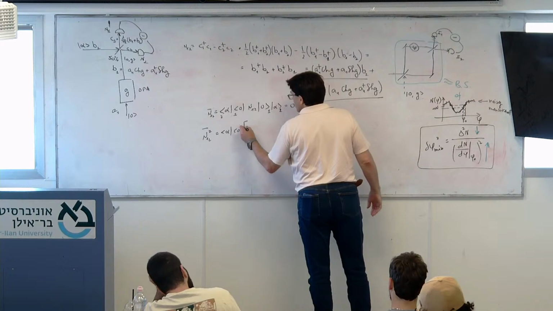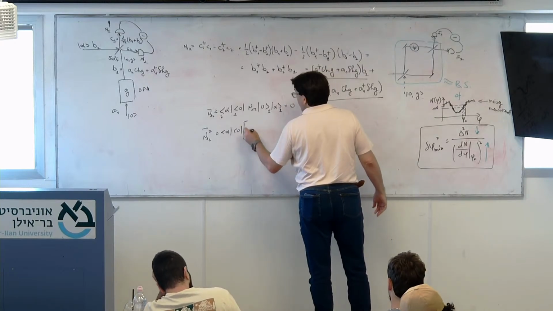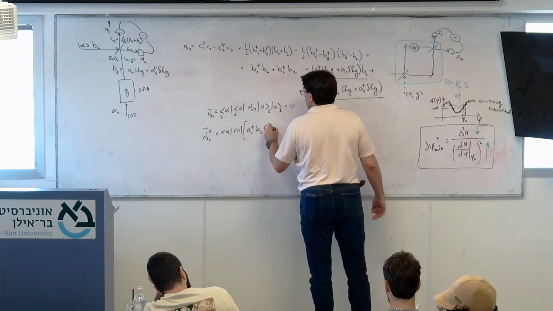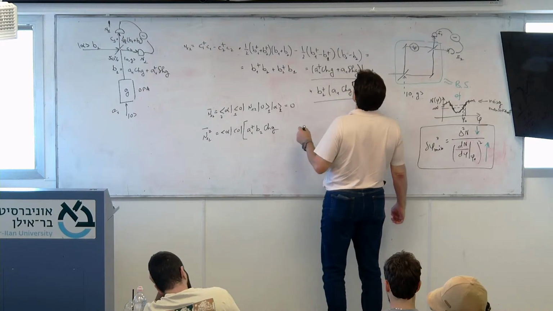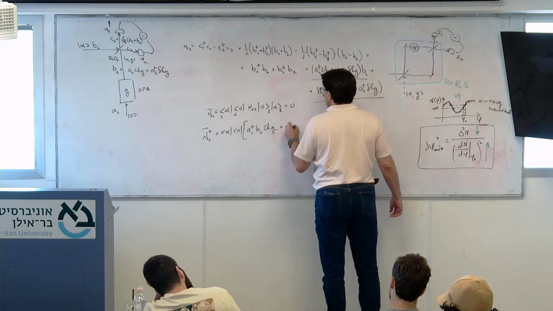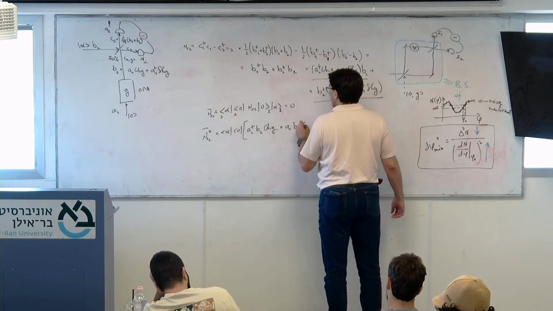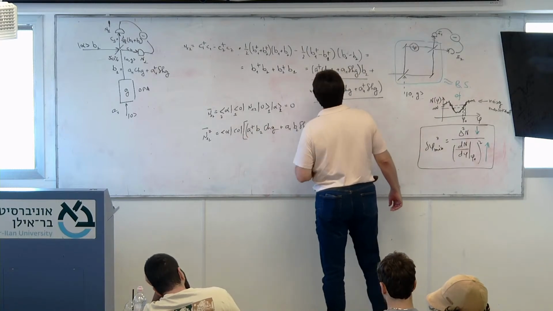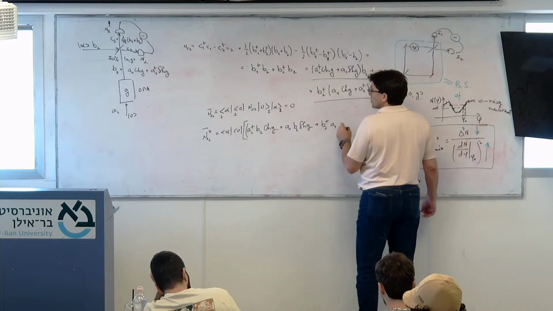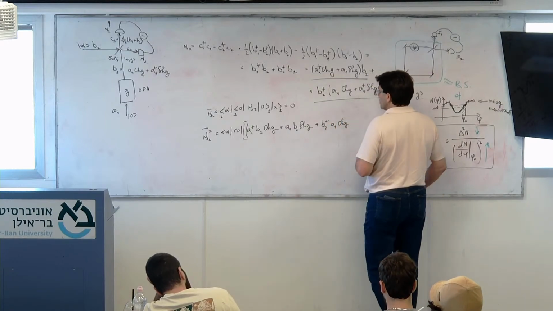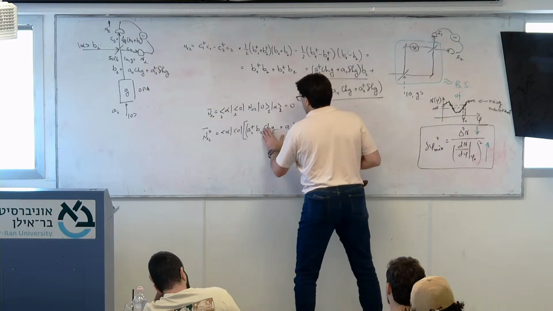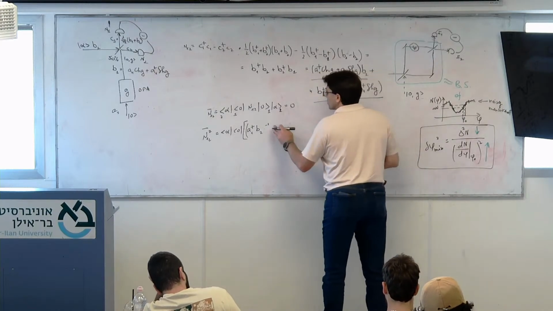So we're going to write A1 dagger B2 hyperbolic cosine G plus A1 B2 hyperbolic sine G plus B2 dagger A1 hyperbolic cosine G. You know what, let's just collect all the hyperbolic cosine G together and hyperbolic sine G together.